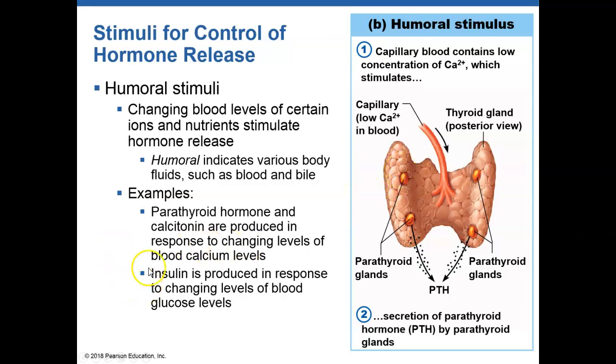If we have high levels of blood calcium, then that will stimulate our thyroid gland, which is this organ, to release calcitonin. The parathyroids are on the back of the thyroid. Insulin and glucagon also are controlled via humoral stimulation.